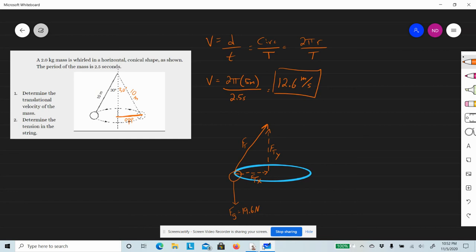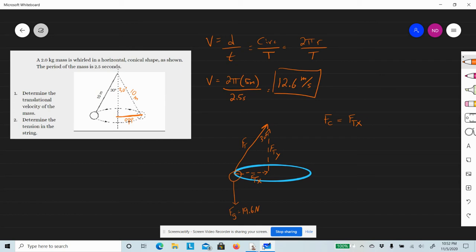The part that is responsible for keeping it moving in a circle, the centripetal force, is the force tension in the x direction, that horizontal piece, and just that piece, which, if this is 30 degrees, is going to be the sine of 30 times the tension.